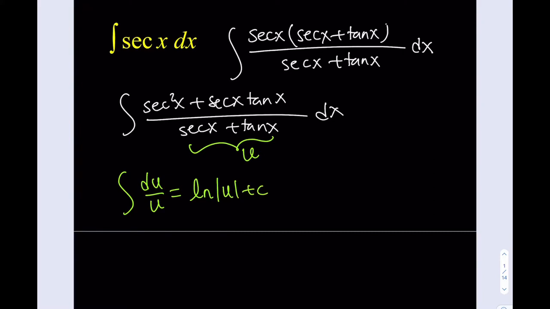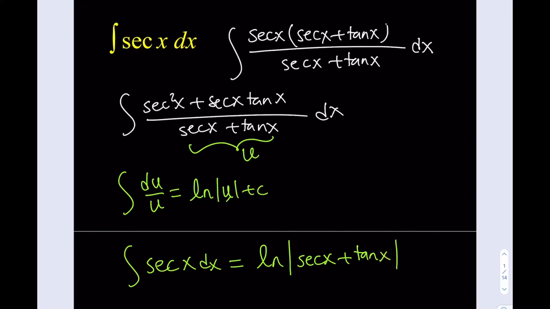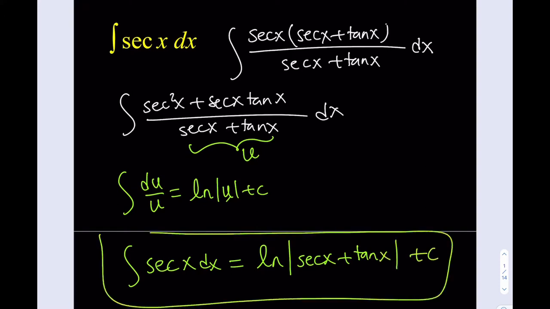And then since u is secant x plus tangent x, I get that the integral of secant x dx is ln absolute value of secant x plus tangent x plus the constant. Okay? So this is the integral of secant.